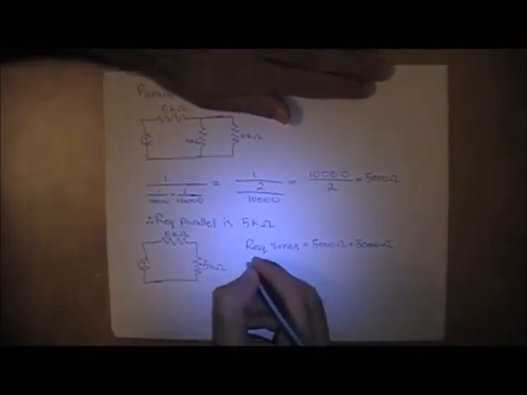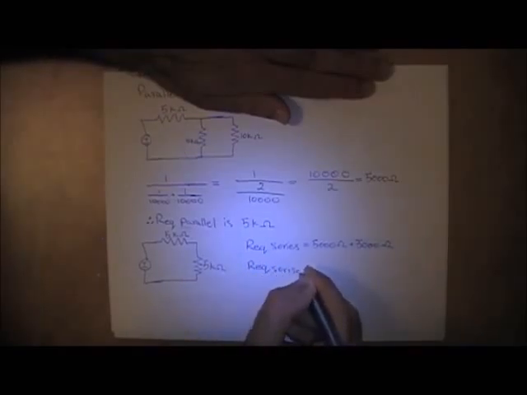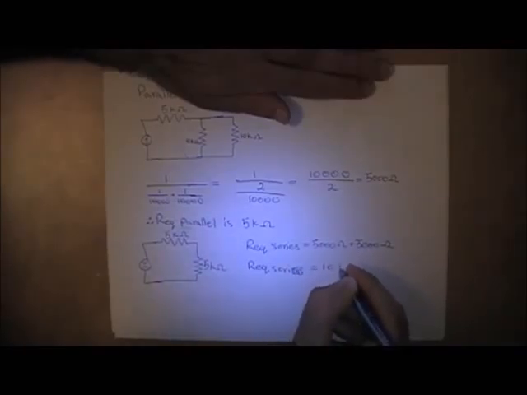So my Req for series is equal to 5,000 ohms plus 5,000 ohms, which is equal to 10 kilo ohms.